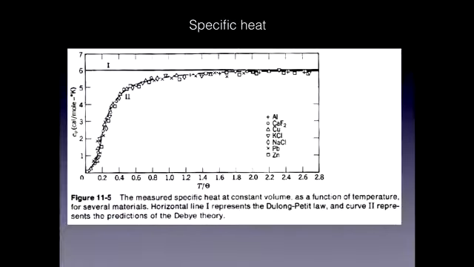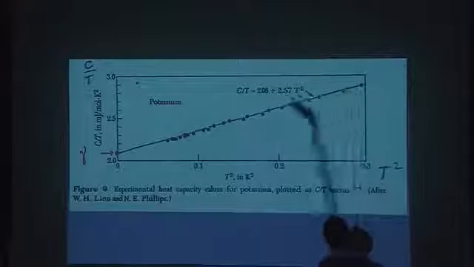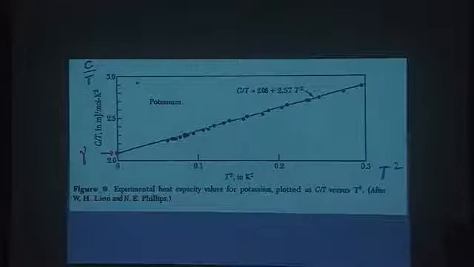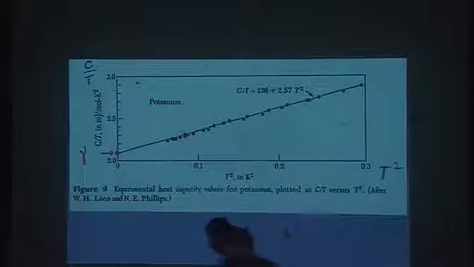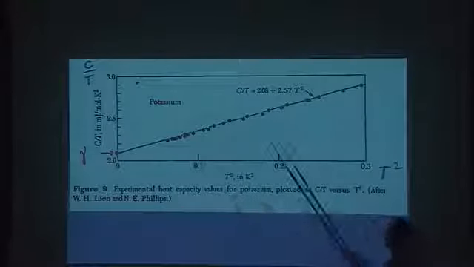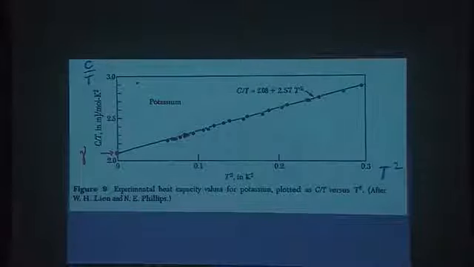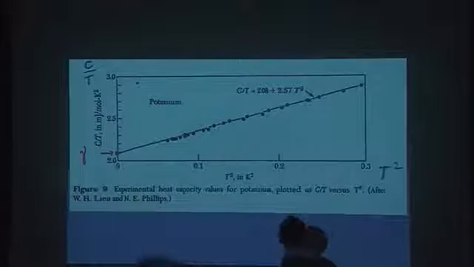So when you divide by T and plot against T squared, the phonon contribution shows as a straight line. However, the electronic contribution goes like just temperature, linearly proportional to temperature, so it would show as just an intercept in this plot.